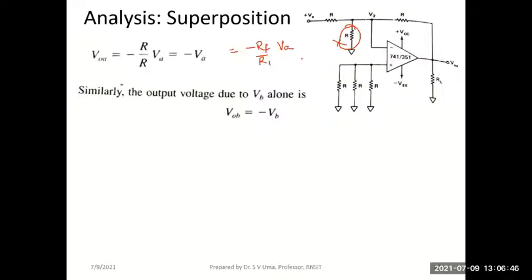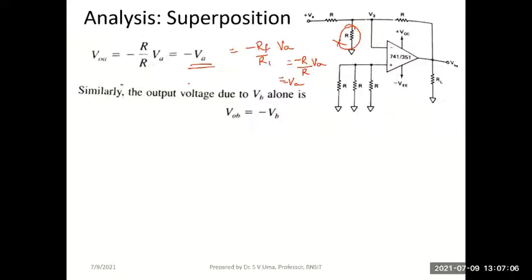RF is equal to R and R1 is equal to R. Therefore, the output voltage is minus VA. Clear? When VA alone was active in the circuit, the output voltage VOA will be simply equal to minus VA.